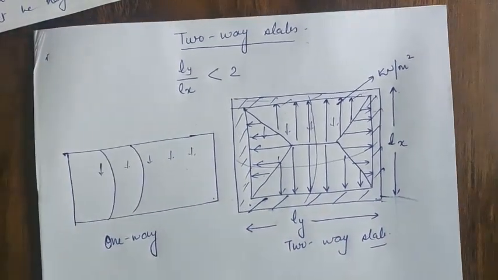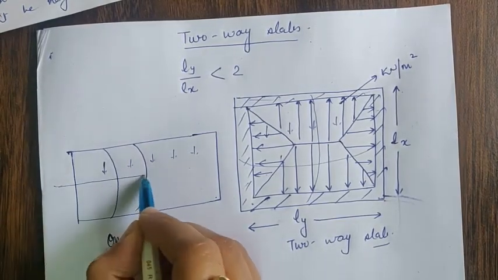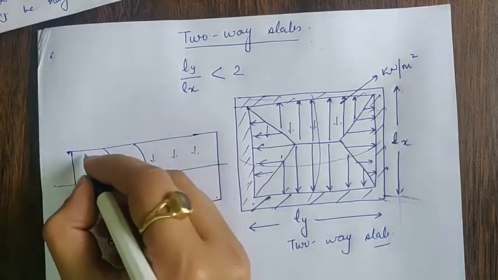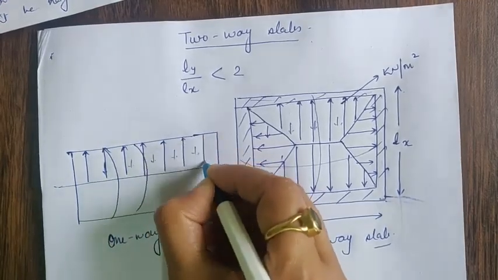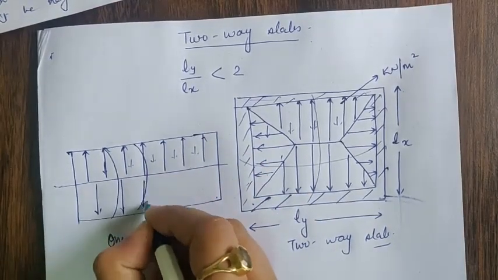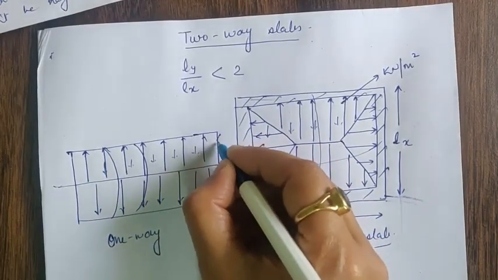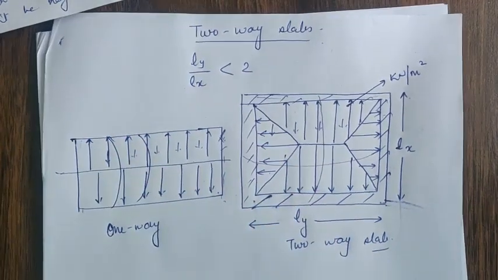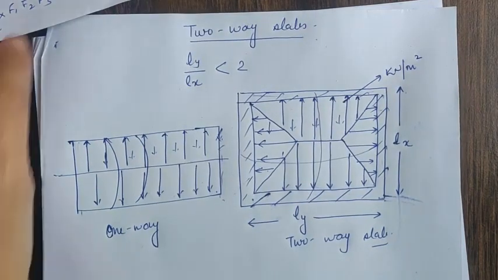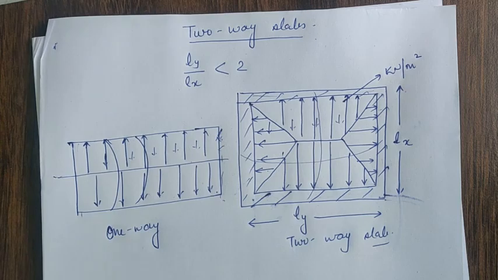Whereas in one-way slab, we take the center of that slab, half of the load is transferred to this beam and half of the load is transferred to this beam. We do not consider any load transferred here. No load is transferred at this end, no load is transferred at this end. This is although not required at this point, it is just how the load is transferred from the slab to the beam. Now coming to how we design a two-way slab.